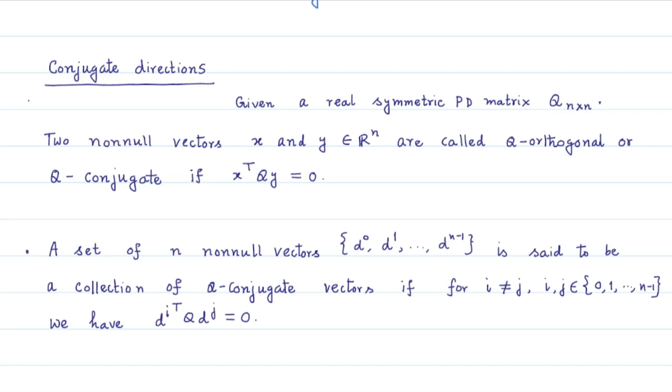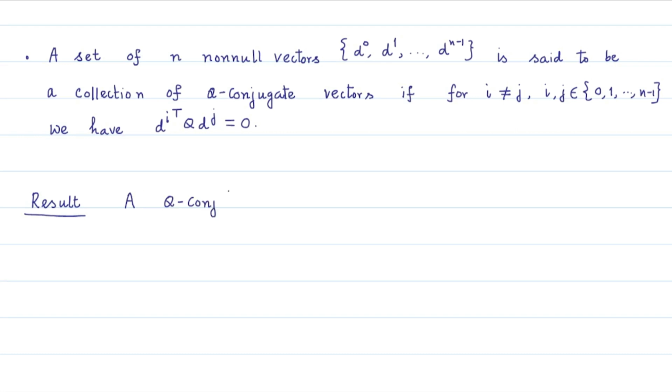From this definition of Q conjugate directions, we have an immediate result: a Q conjugate set of vectors is linearly independent, where this matrix Q is positive definite and symmetric.